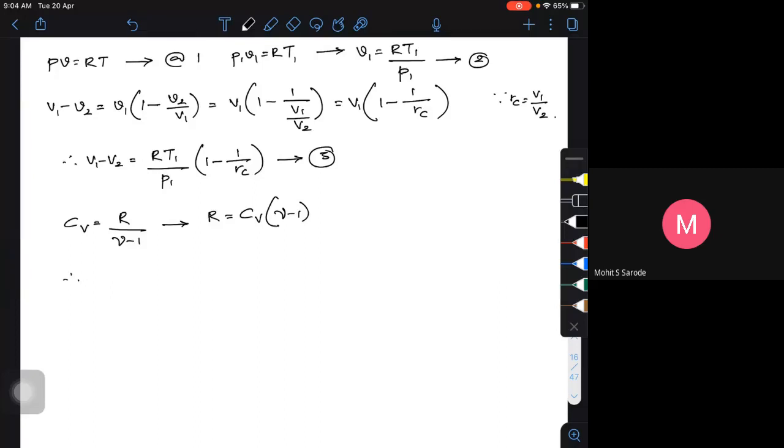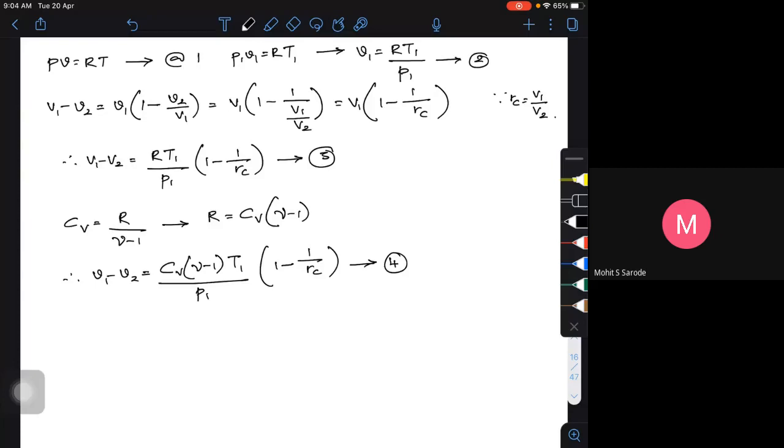Therefore, the stroke volume V1 minus V2 is equal to Cv into gamma minus 1 into T1 divided by P1 into 1 minus 1 by rc. This is the expression I have for the stroke volume. Let me call this equation number 4.